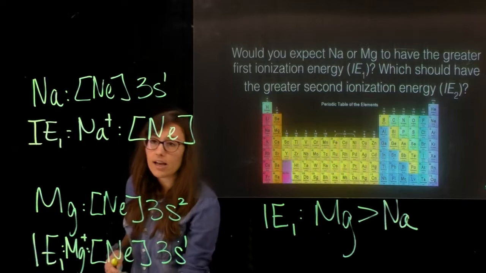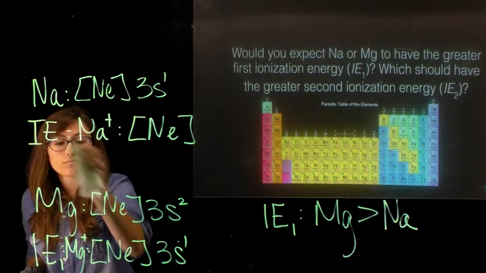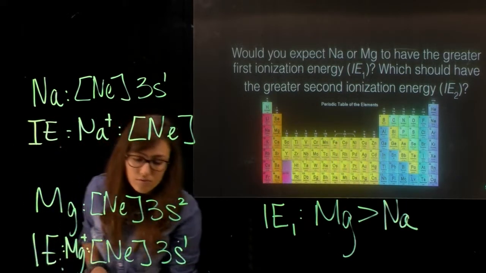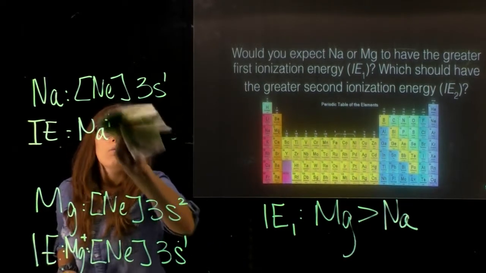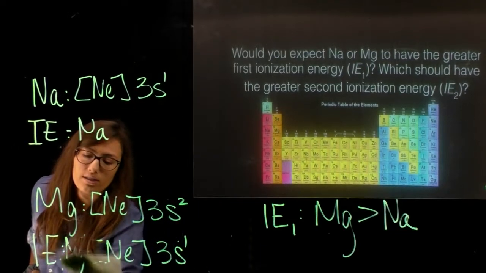Now in the case for the second ionization energy, what's going to happen is we're going to be removing 2 electrons in this case.